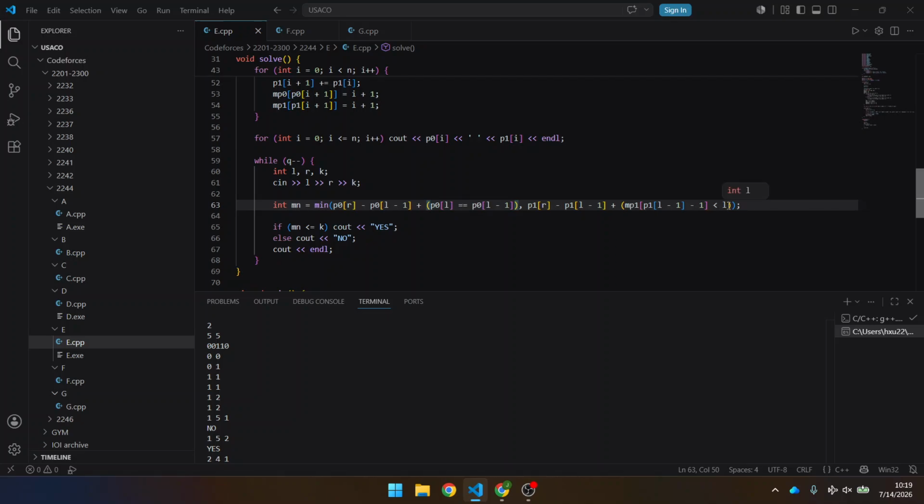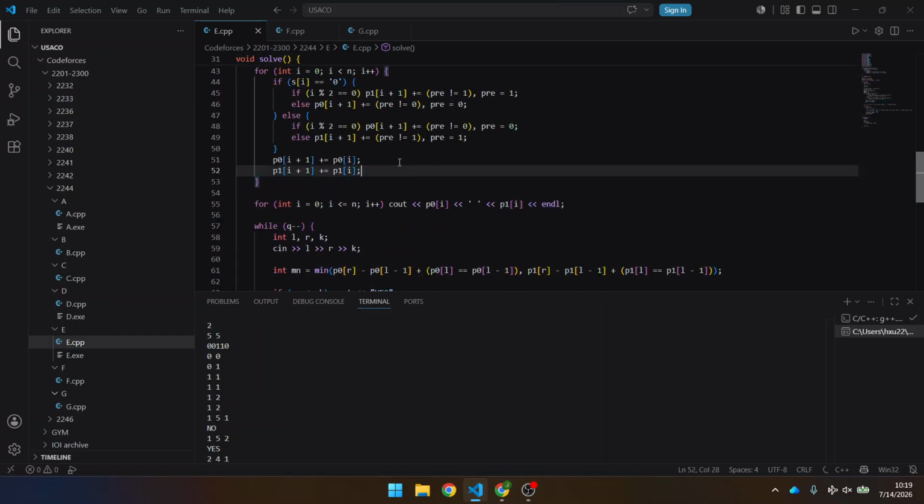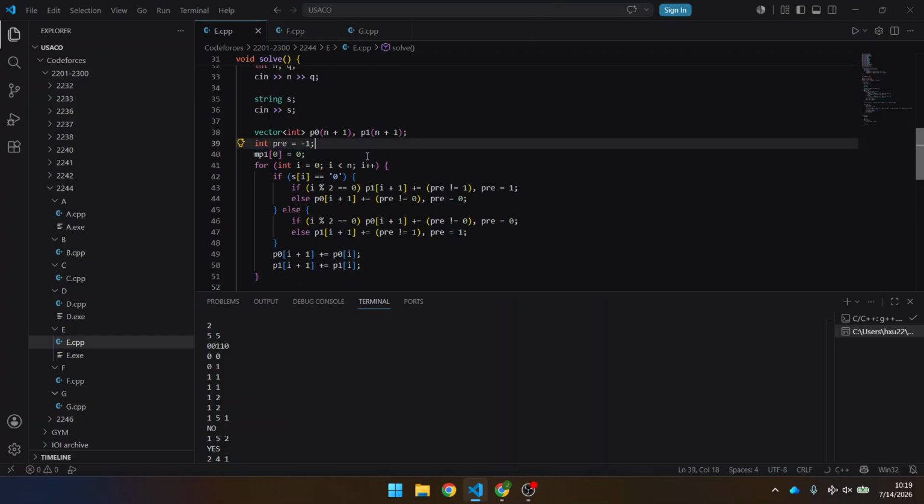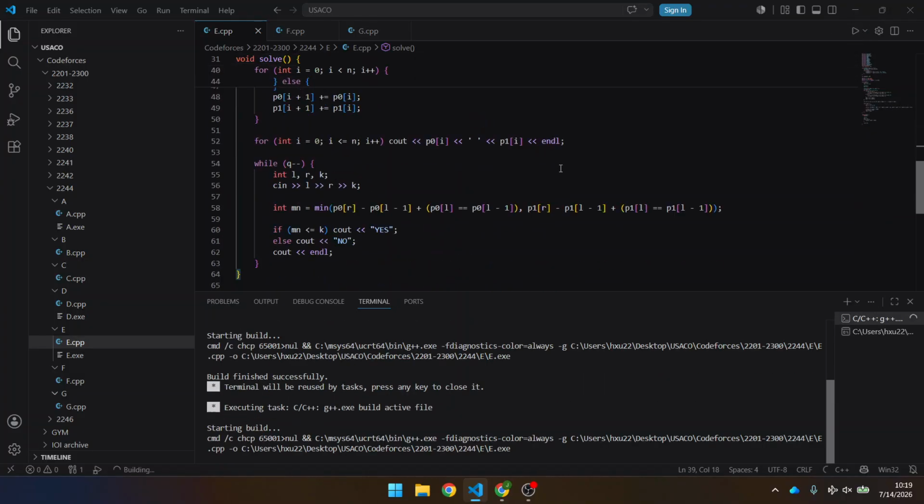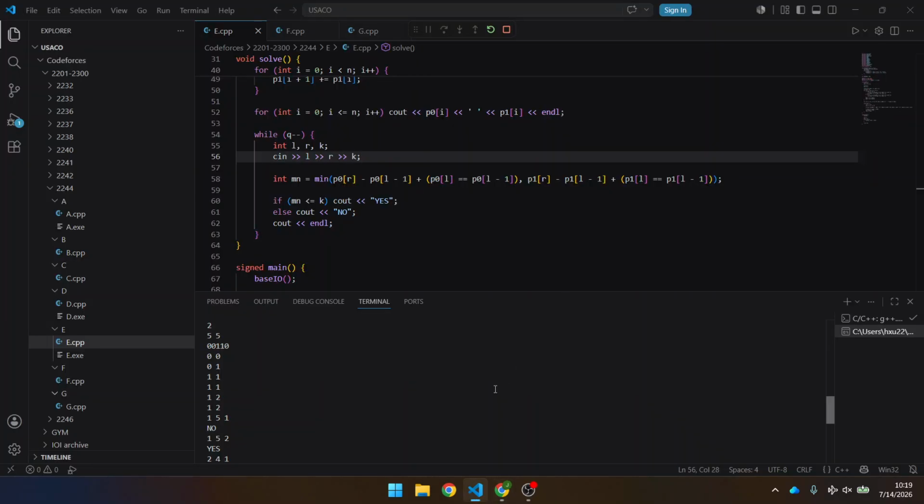So if they're equal, right? p1 l is equal to p1 l minus 1. We don't need the maps. So 1, 5.